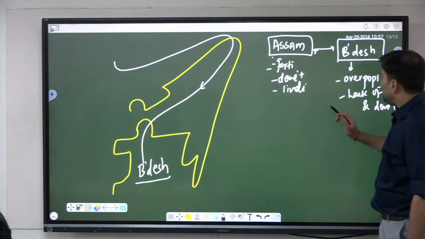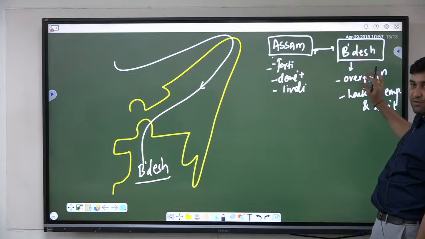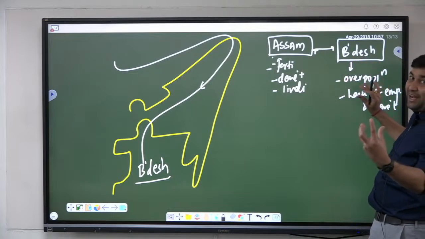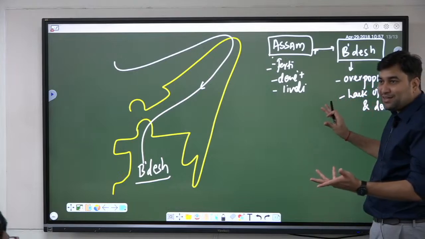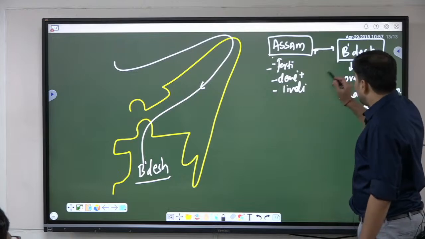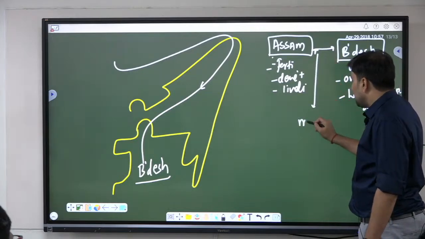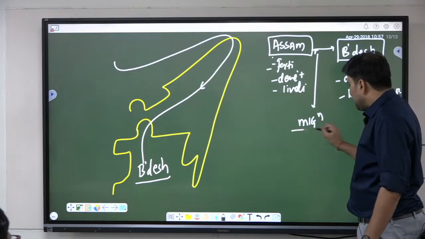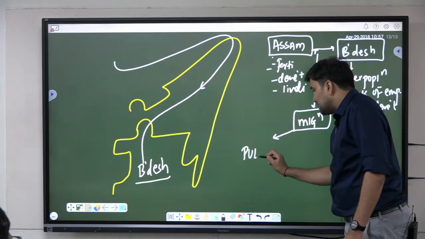So what will happen because of these three things, because of overpopulation, lack of development, and increasing radicalism etc. in Bangladesh? People will migrate. Because there would be migration, there are pull factors.